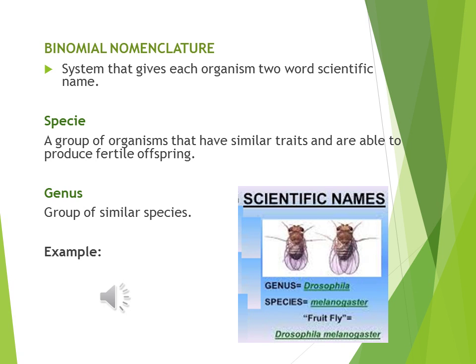The species is the group of organisms that have similar traits and are able to produce fertile offspring. The genus is a group of similar species. In the example, the genus is Drosophila and the species is melanogaster, the fruit fly. The binomial nomenclature says that it is Drosophila melanogaster.